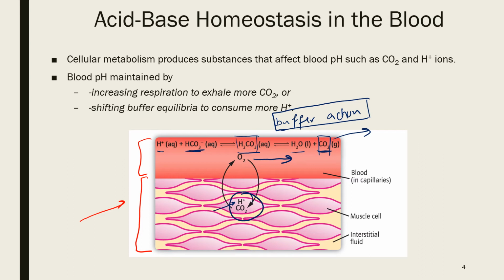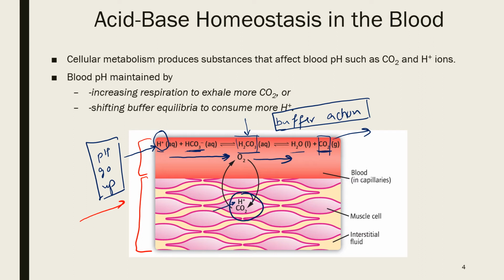If the equilibrium shifts to the right, we will have a lesser amount of carbonic acid. That would mean that this equilibrium will also shift to the right. Shifting to the right means now we have less hydrogen ion, which means that pH will go up. So this is the response of our body when there is more hydrogen ion in blood, which is causing the pH to drop.